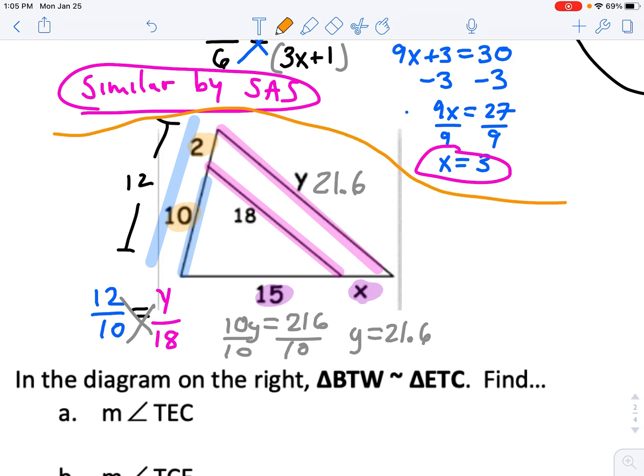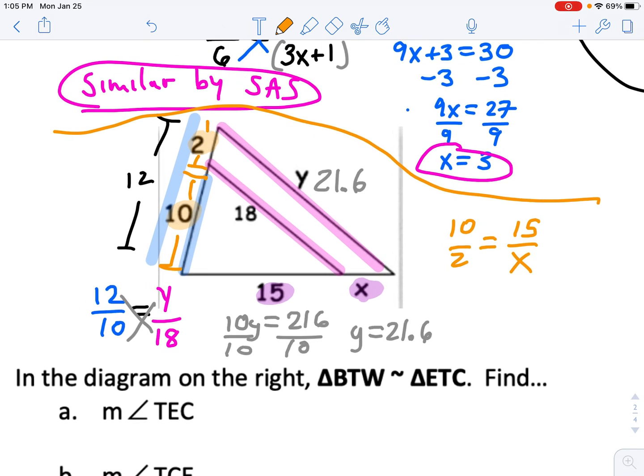We can just look at it like that. Again, I got a lot going on here. So I can say, well, 10 to 2 is the same as 15 to x, because with this triangle we're given, and then the small sliver, just relate it the same way. And then cross multiply, you get 10x equals 30. Divide both sides by 10, x equals 3.